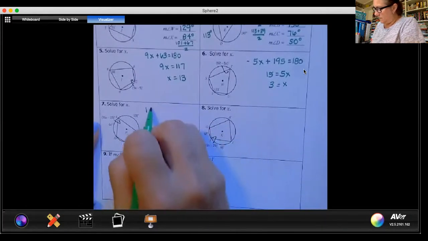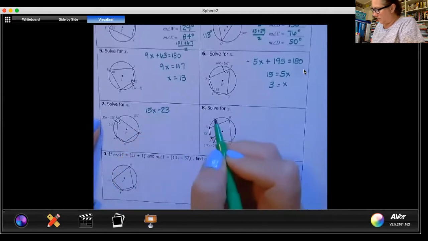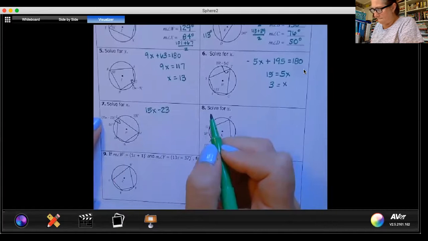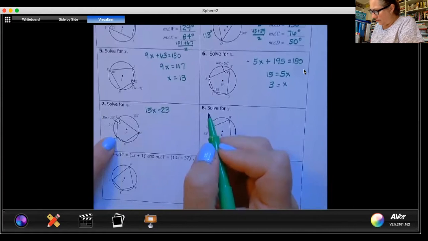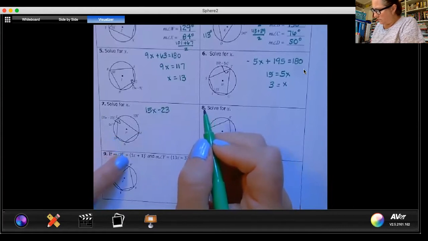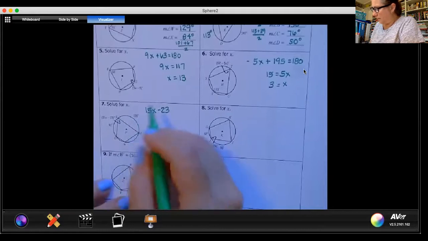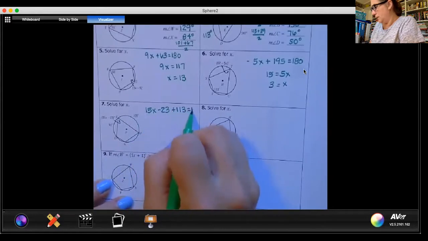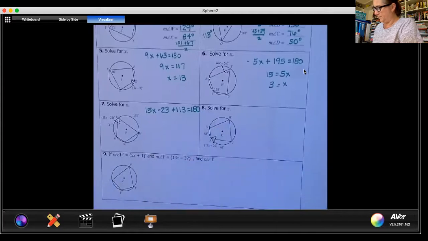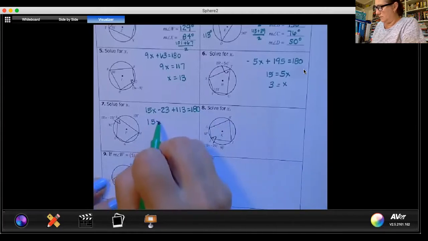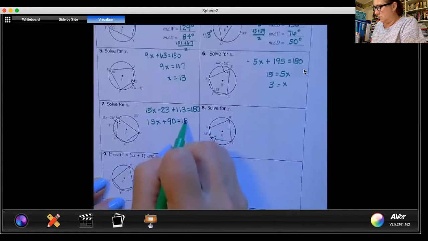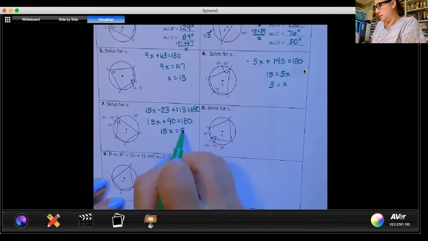So let's take 15x minus 23. Not intercepting an arc there. Okay, plus 113 equals 180. And so we're going to combine like terms. And then 15x is equal to 90, so x is equal to 6.